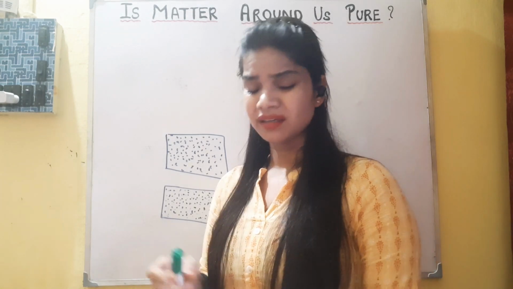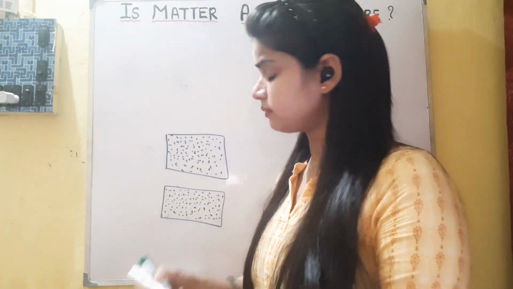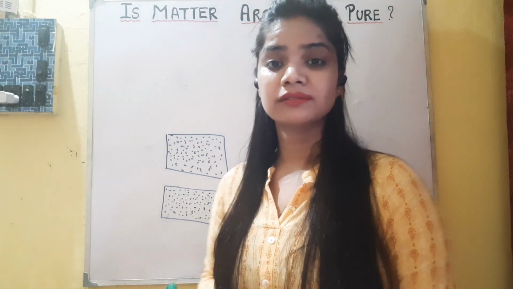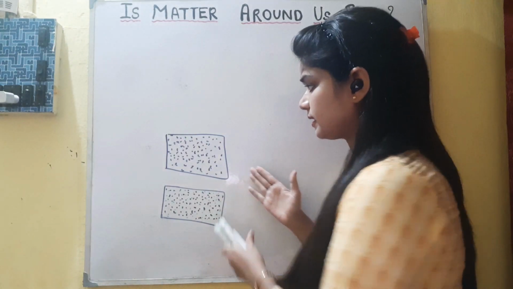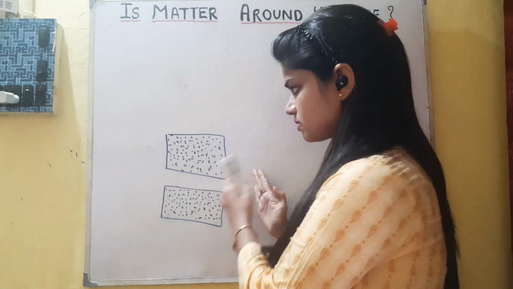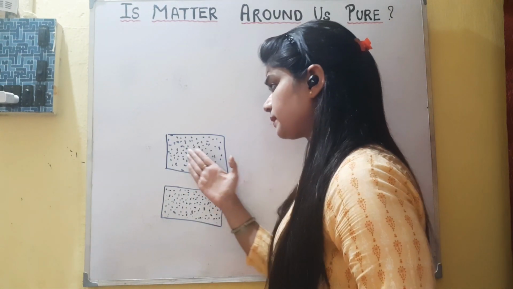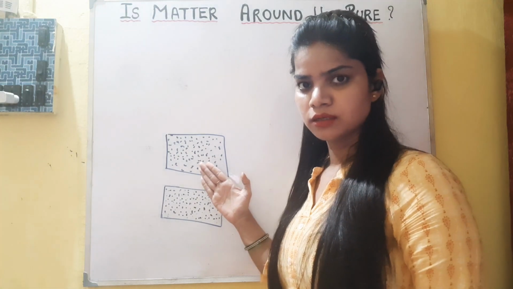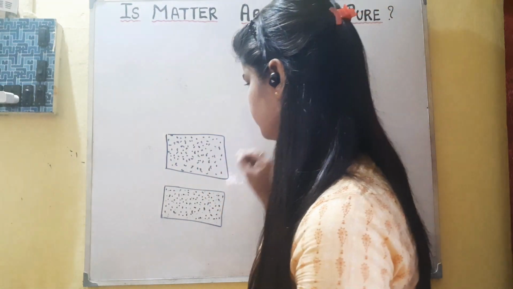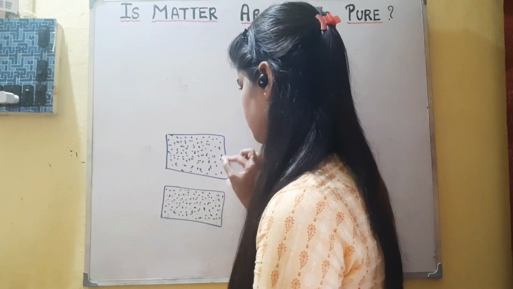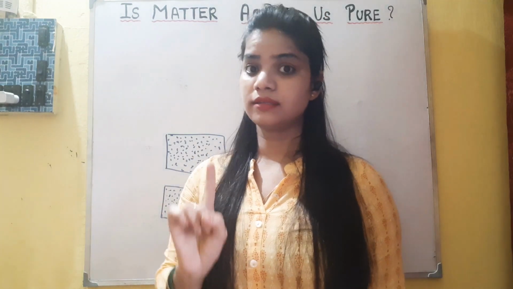But can you differentiate between these two matters? Yes. As we can see, the first one is made up of the same type of particles, in which I have drawn the particles in only a single color.